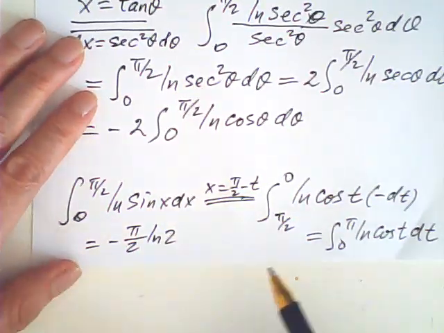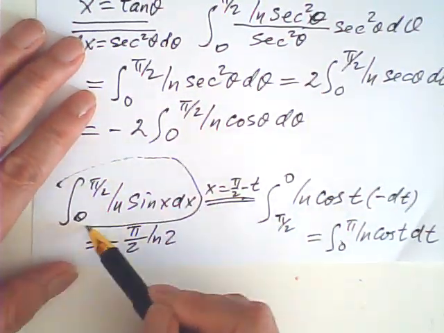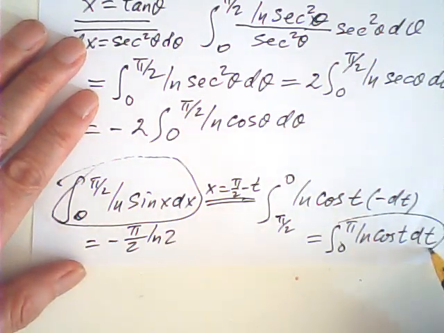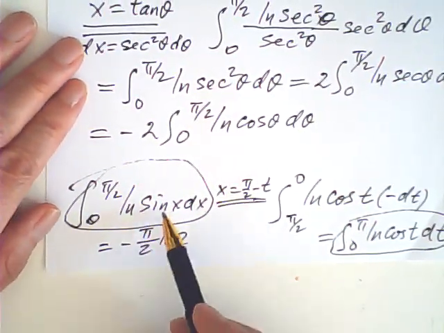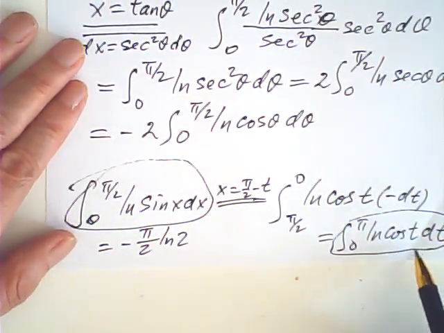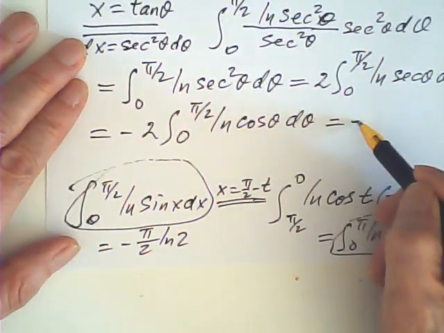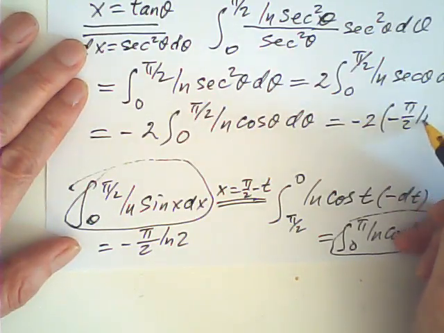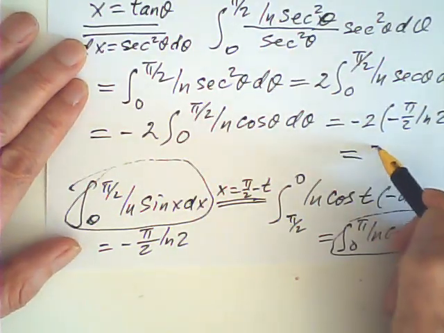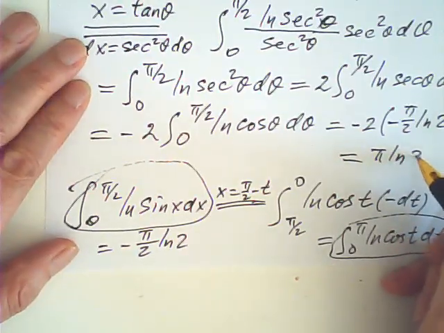So in other words, this is equal to that. And I have a video for this, so I'll get the same result. So this is minus 2 times negative half pi log 2. So it's equal to pi log 2.